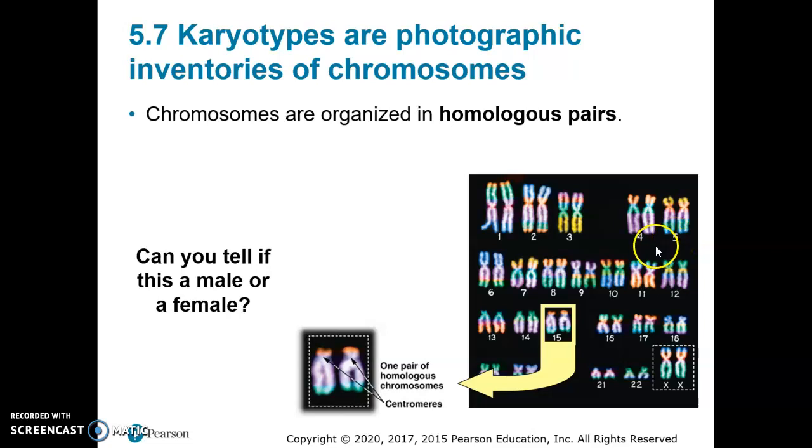So if you were trying to find the pairs of chromosomes, it's pretty easy. This is how it's done. It's done through a photographic image where they've applied stains to the chromosomes, and then they take a picture of them, and then they cut the photograph apart and start lining up and pairing up the homologous pairs.